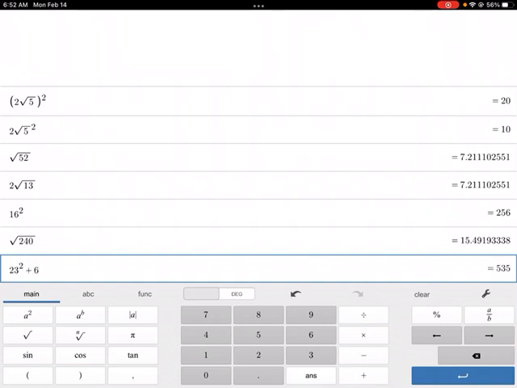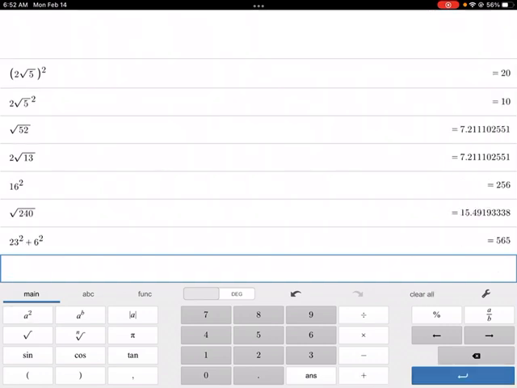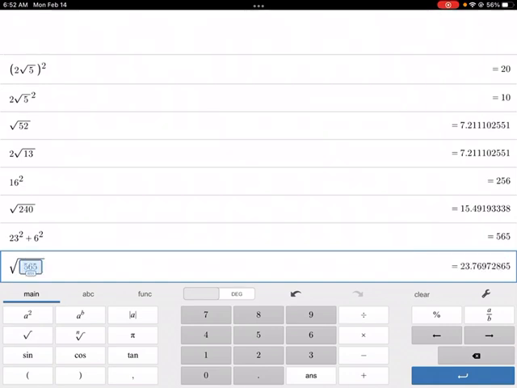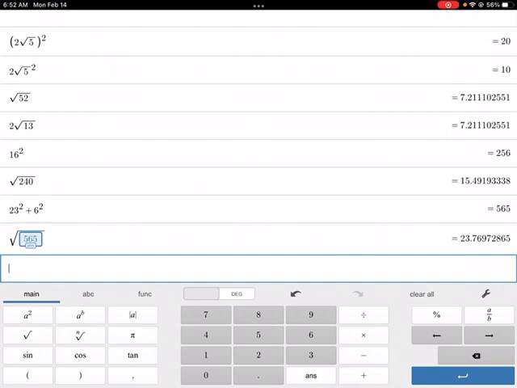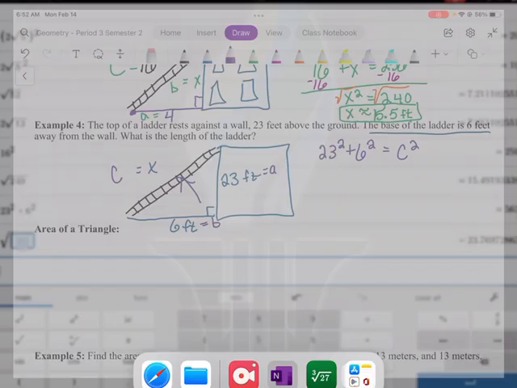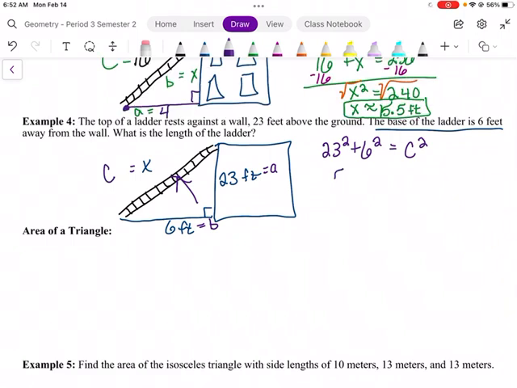And this one, it is okay to round your answer. I forgot to put it in the directions, but it is okay. So we'll get about 23.8. And that would be the approximate value of how long that ladder is.